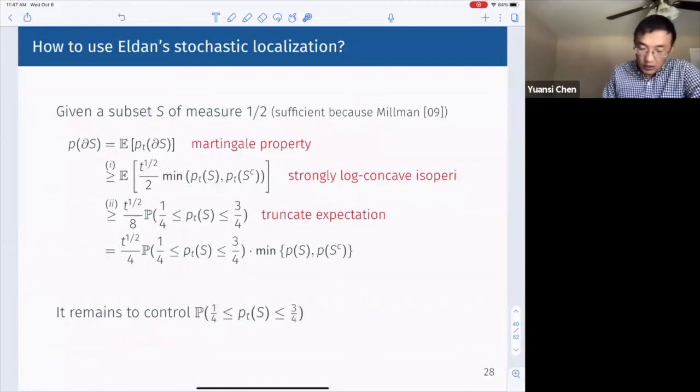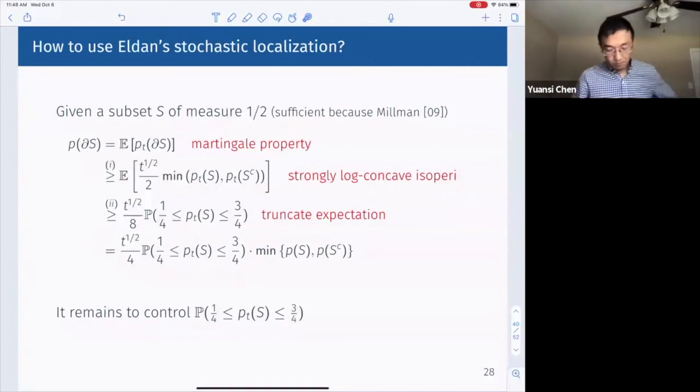And the interesting thing here is that since you add a Gaussian linearly, the longer you run it, it seems like you have a much better isoperimetric inequality for the transformed version. So you should have a much better isoperimetric inequality for the original density. But there's a trade-off. If you run this for too long, then with high probability this p_t(S) might end up close to 0 or close to 1. Okay, then it ruins a little bit the overall isoperimetric inequality.